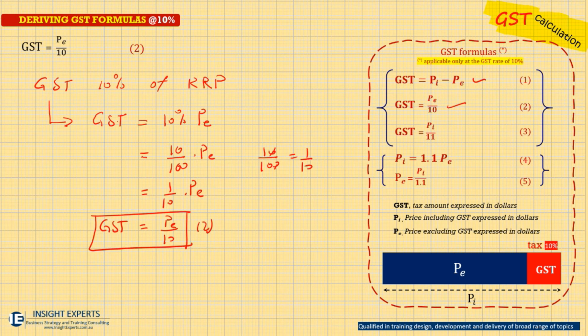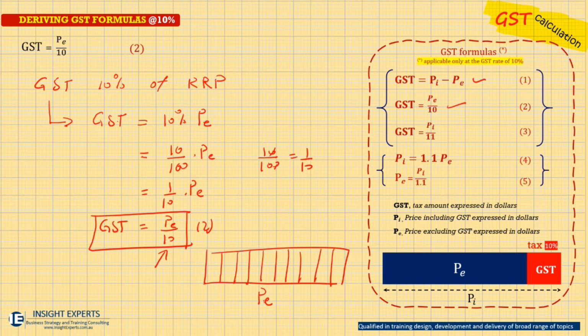Again, if you look at it from the taxman's perspective, he is asking the retailer to pay him back 1/10 of the retailer recommended price. He's not asking him to give him part of his share. So if you look at the whole block here, the price excluding GST, we divide this into exactly 10 segments.